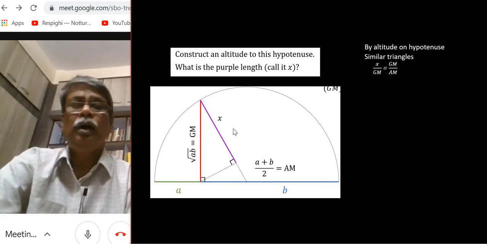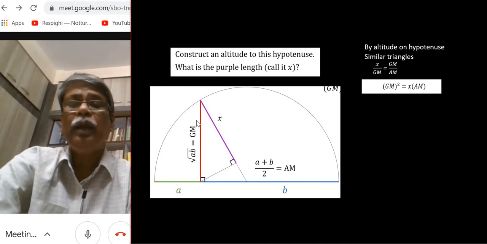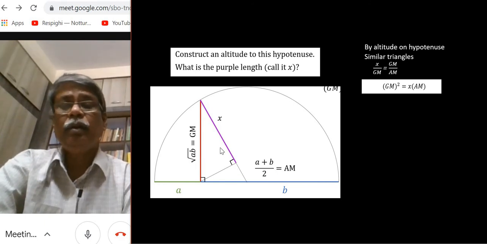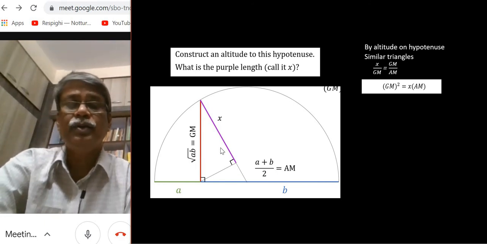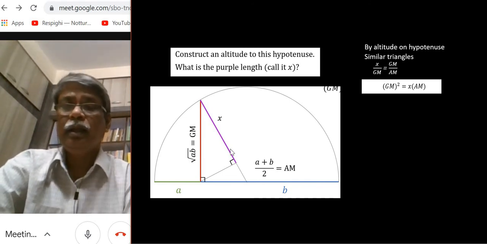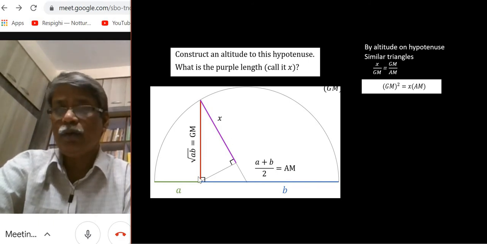Here again we are getting two triangles. This one, saffron, black, and purple, and the bigger one, saffron, blue, and purple. Again, by inspection, you can conclude that these are two similar triangles. So again we apply the law of proportion, and that is X by GM. X is the base, GM is the hypotenuse of this smaller triangle.